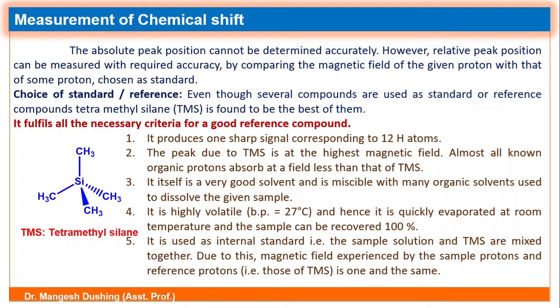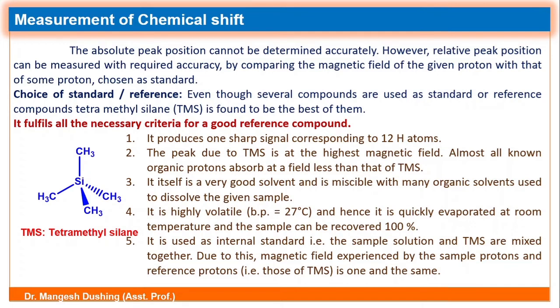Nowadays, solvents with TMS are available in the market, so we don't need to add external TMS. Solvent with TMS added, we get it. That solvent is specially for NMR spectroscopy. The solvents are like CDCl3, DMSO, deuterated methanol, likewise.